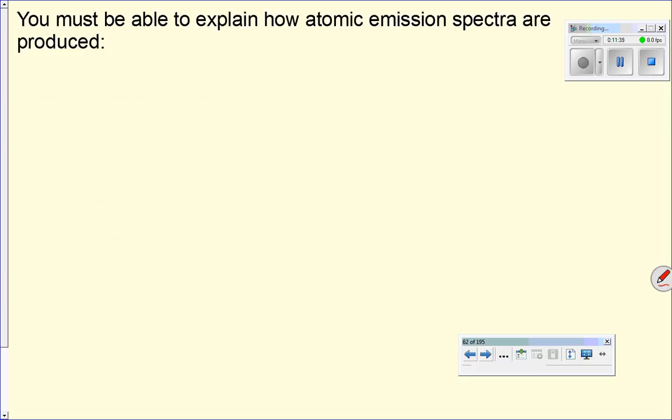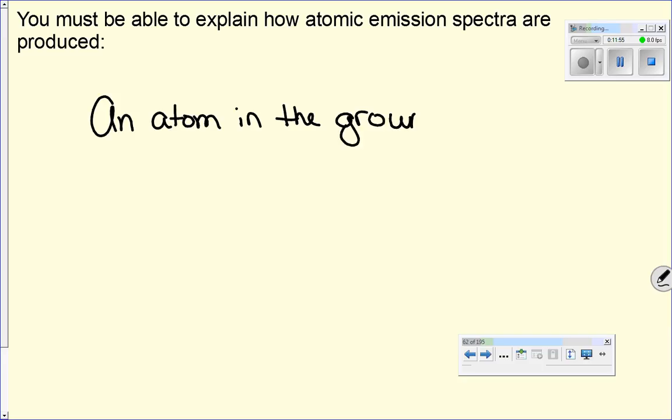So you need to be able to give a nice explanation of how atomic emission spectra are produced. What's important to say is that you're starting with an atom in the ground state. And that atom in the ground state is going to absorb energy.